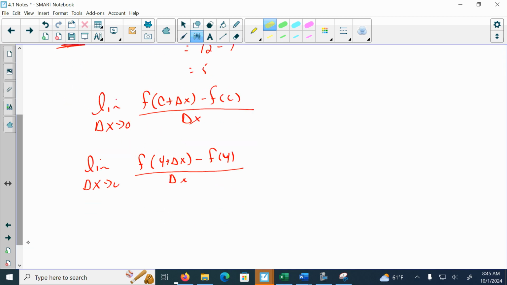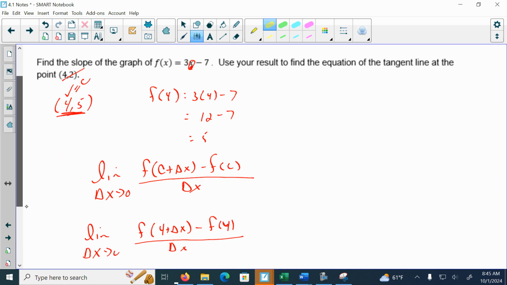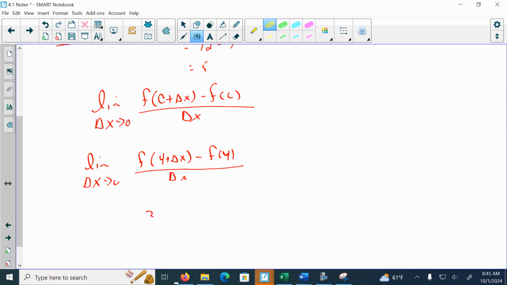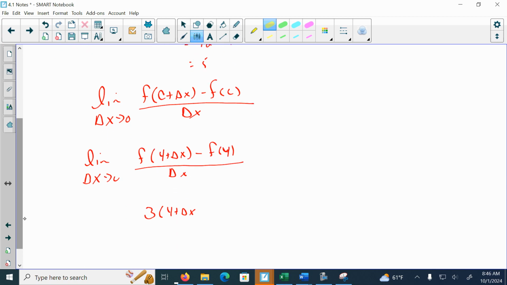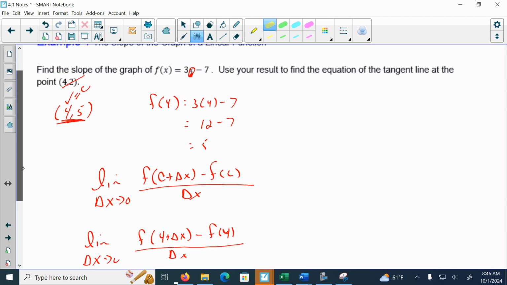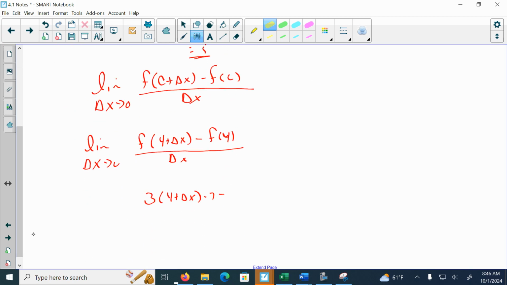So now, in place of this x in this equation, I'm going to put 4 plus delta x. So I'm going to have 3 times 4 plus delta x minus 7, minus f of 4, and we said f of 4 is 5. We've even figured it out. So minus 5, all over delta x.